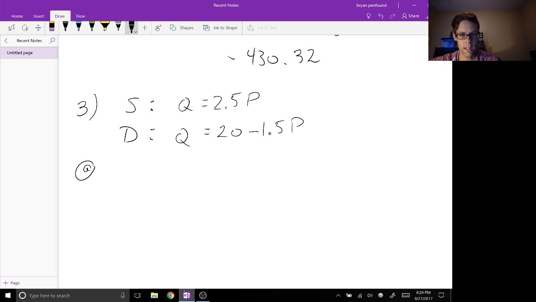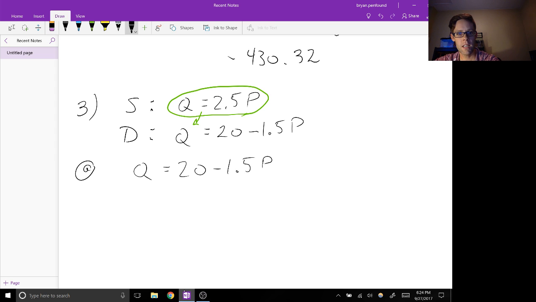So let's see. I guess we can go with just a straight up substitution. I can take this first equation and sub that in right here. My second equation, Q equals 20 minus 1.5p. But I also know that Q is equal to 2.5p.